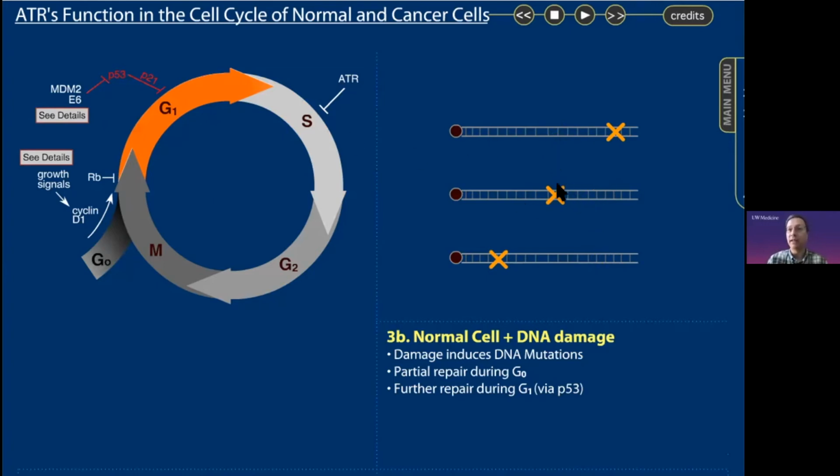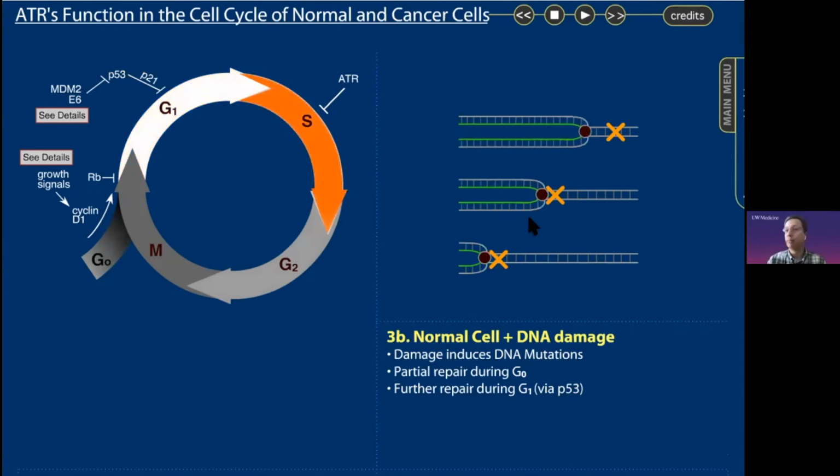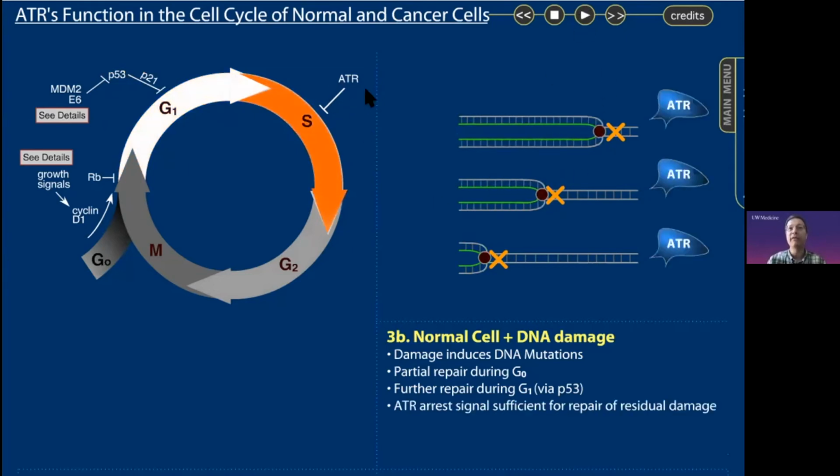And so a lot of these damage sites go away based on that extra time, but some may remain. And then we have a role for ATR that comes in, senses this area where replication is not proceeding normally, and provides extra time for repair to happen.